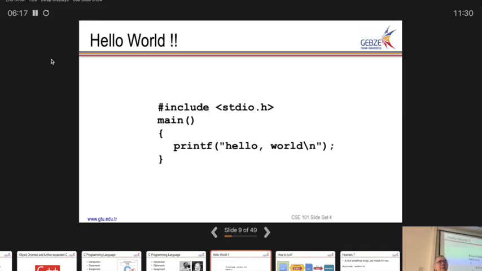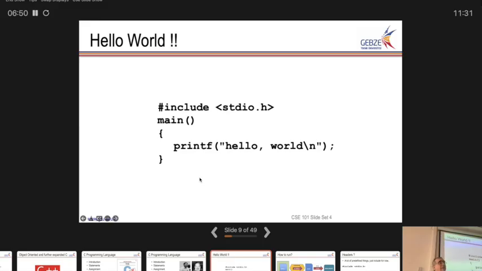Some languages are dependent on lines. Some languages are not. C is not. For example, you can write #include <stdio.h> main() { printf() } all on the same line.